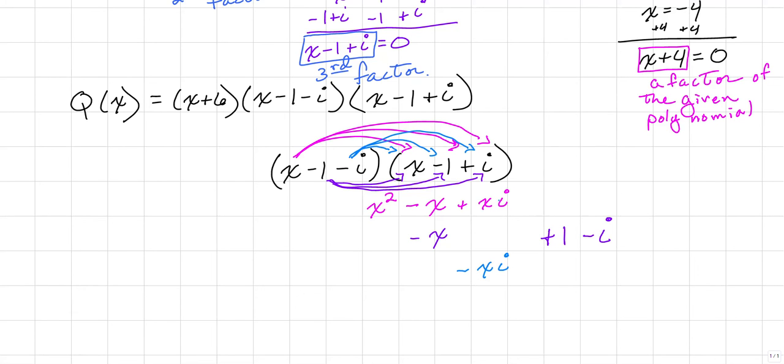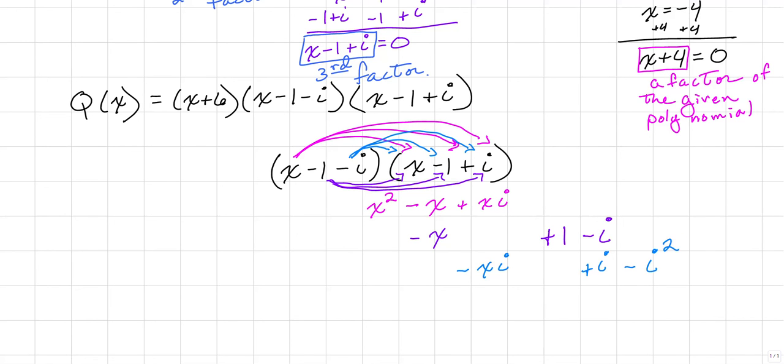Notice that I've lined it up with the positive xi in my first expansion. Then we're going to have negative i times negative 1. That's going to give me a positive i. Notice that once again, I'm lining it up with a like term. And then finally, we have negative i times i, which is going to be a negative i squared.